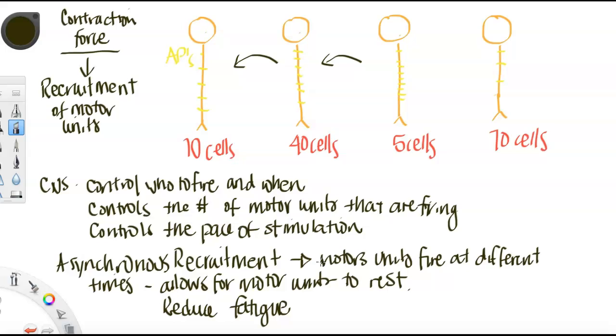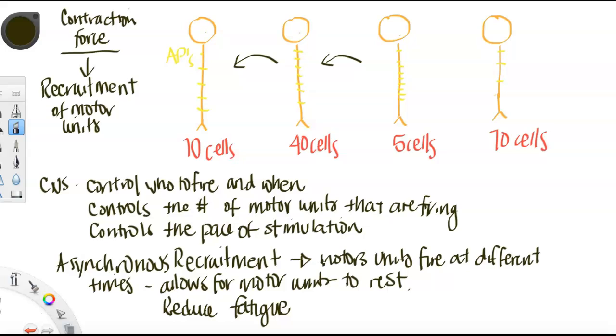Absolute maximal force of the muscle itself is going to be all of its motor units contracting at the maximum number of action potentials. Okay, the absolute maximum force would be all of them at complete tetanus, which isn't going to happen, all right?